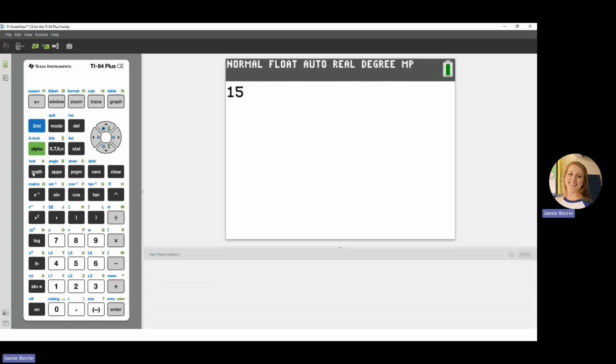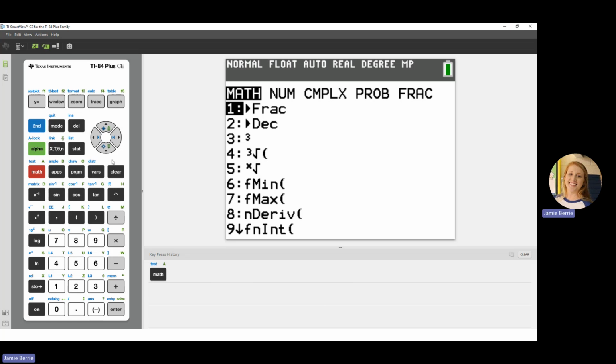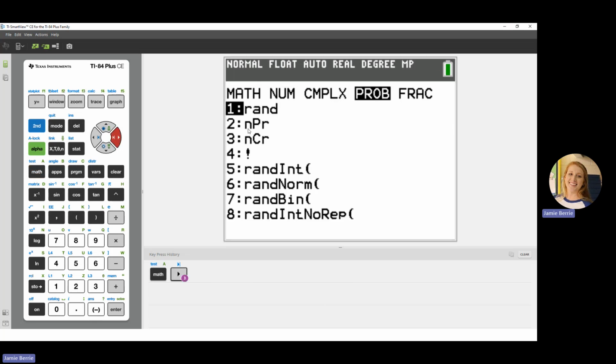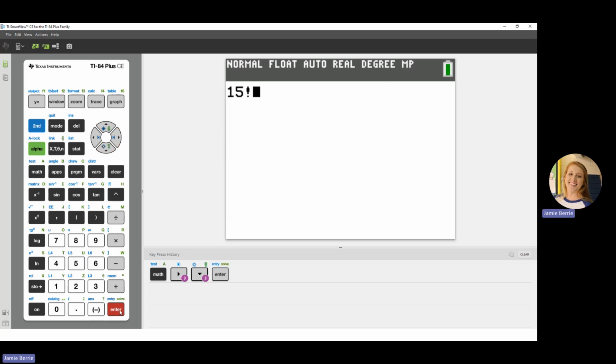It's the fourth button from the top in that first column, right beneath the alpha button. Then you scoot over to probability. Prob stands for probability, so that's all of our calculator functions related to probabilities. You can see the factorial button is option number 4. So you scroll down to option number 4 and then hit enter.